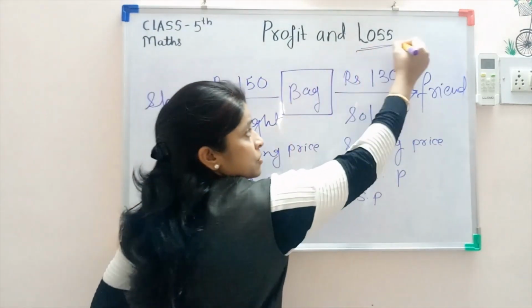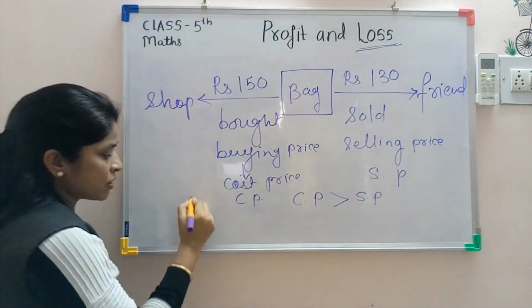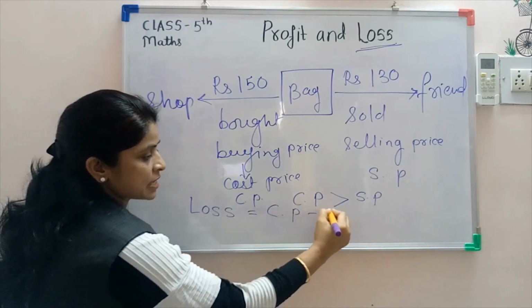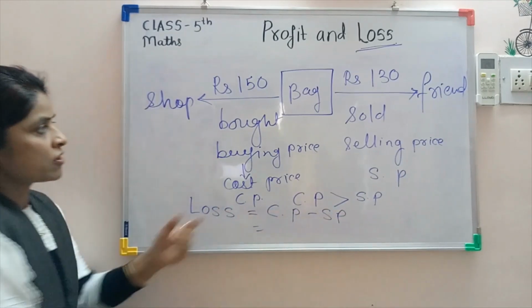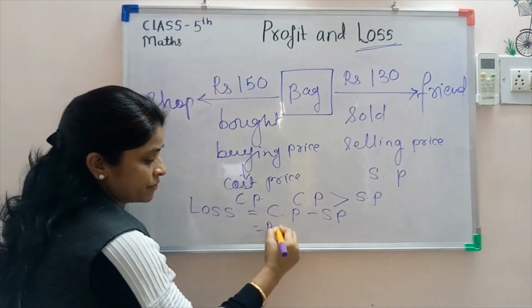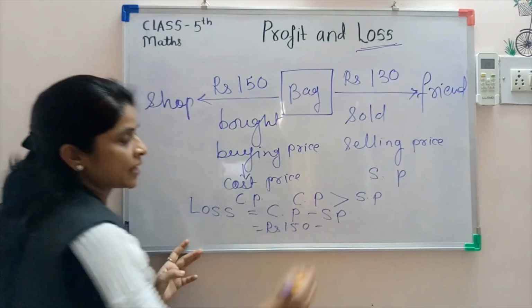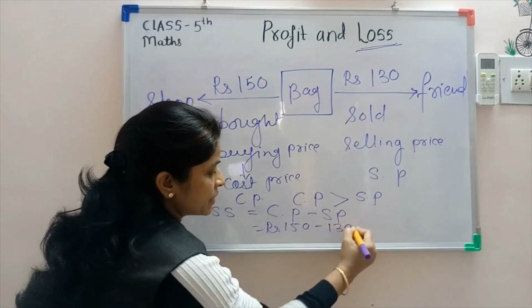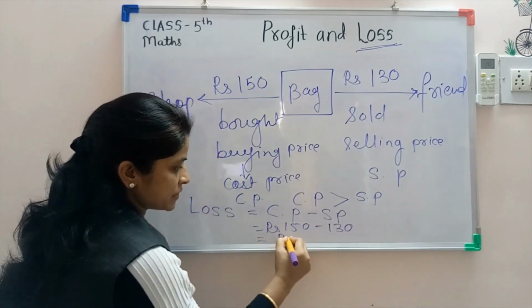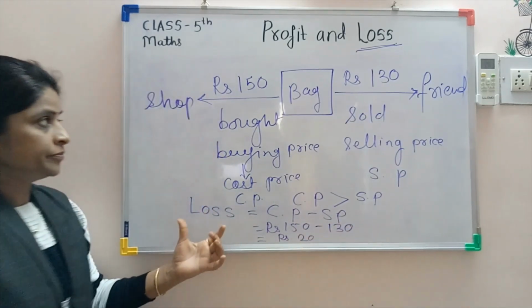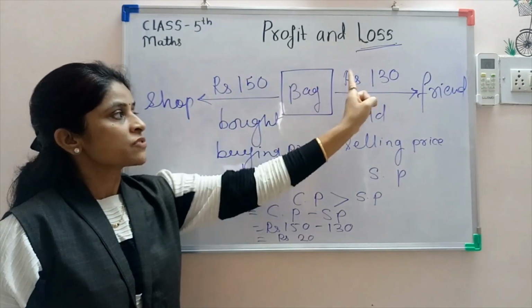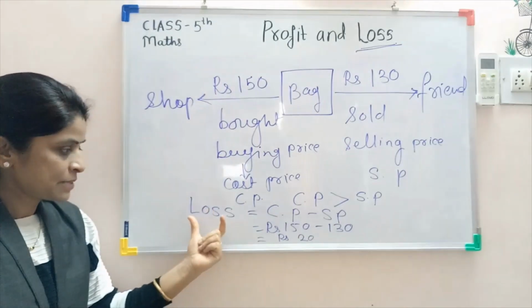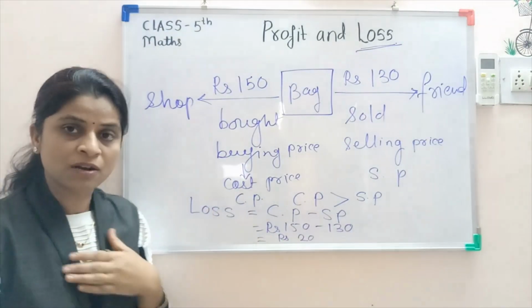That means loss is nothing but the difference between the cost price and selling price. Cost price here is rupees 150 and selling price is rupees 130. So the difference will be rupees 20. Here I lost 20 rupees on the bag. That is my loss. Rupees 20 is my loss.